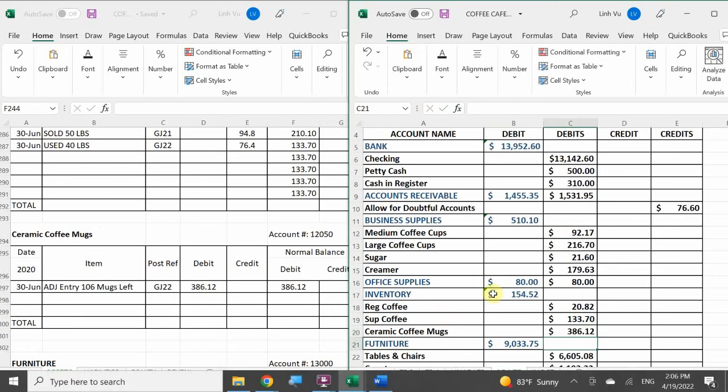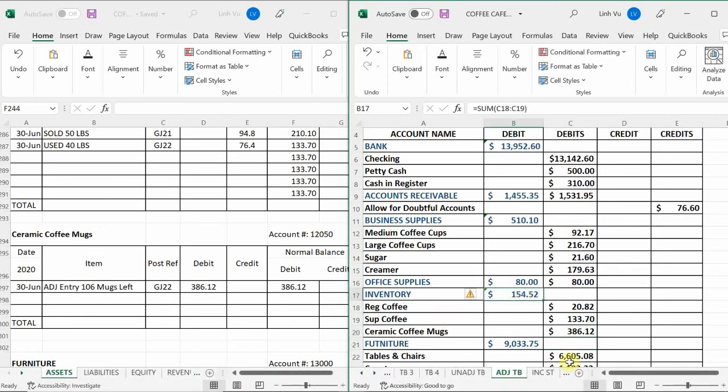I need to change my formula to include the ceramic coffee mugs in my main inventory account. So I've got regular, supreme, and the ceramic coffee mugs. Therefore, I should have a total of $540.64 in my inventory.